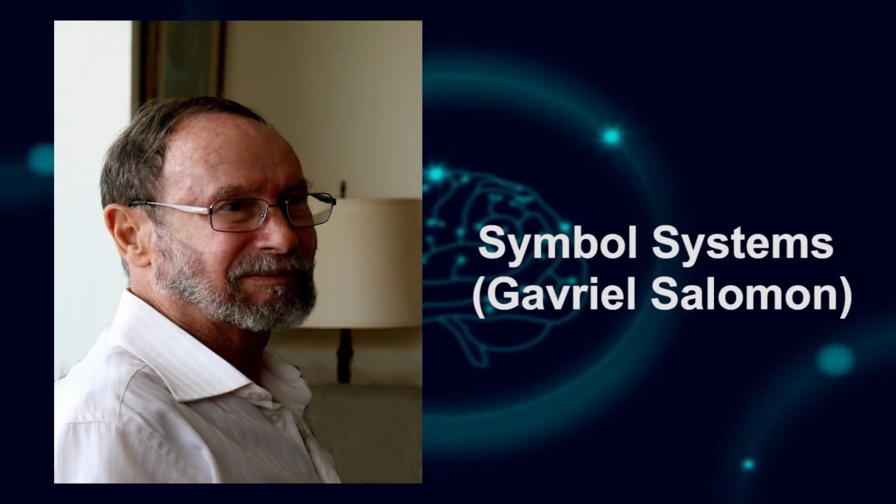Let us understand the theory proposed by Gavriel Salomon, known as symbol systems. The symbol systems theory is intended to explain the effects of media on learning. Here, the symbol systems of media affect the acquisition of knowledge in a number of ways.